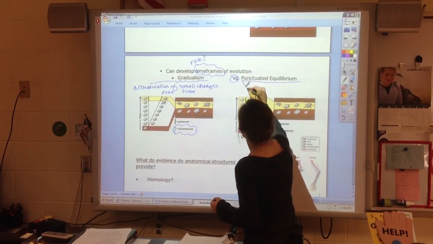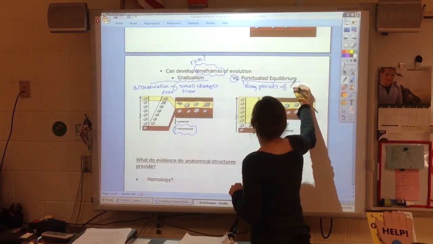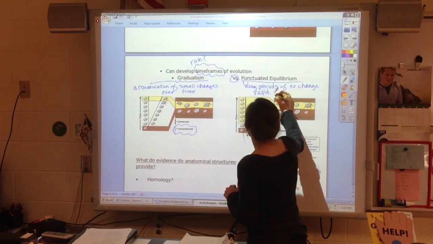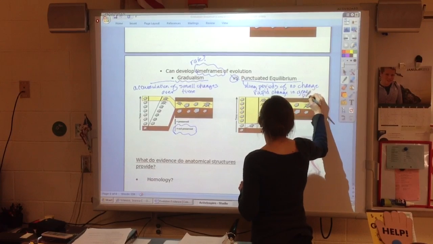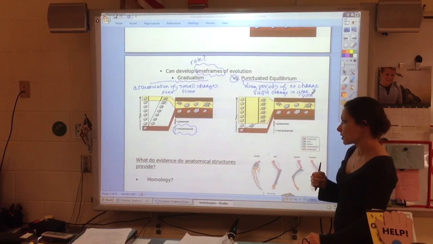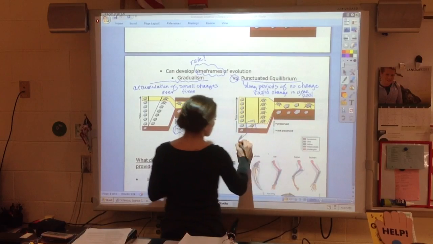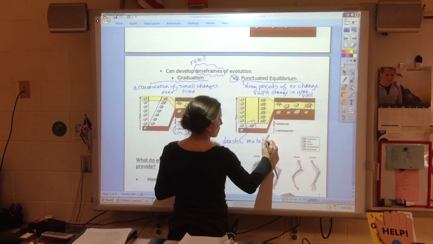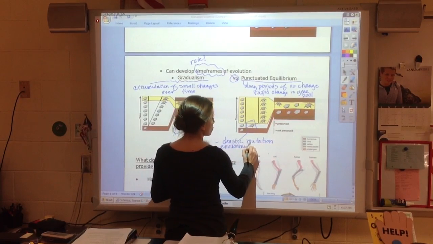Punctuated equilibrium is where we have long periods of no change followed by a rapid change in the gene pool. The idea of punctuated equilibrium would be that either we had a pretty drastic mutation or that we had some sort of environmental condition.